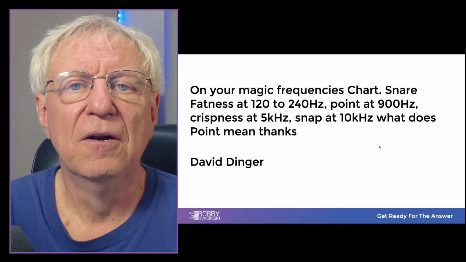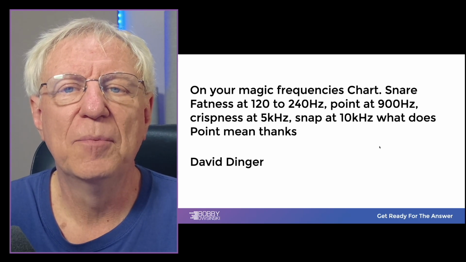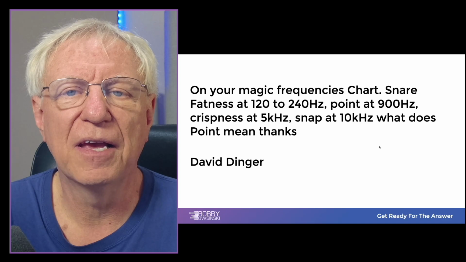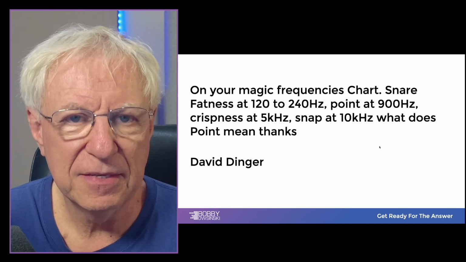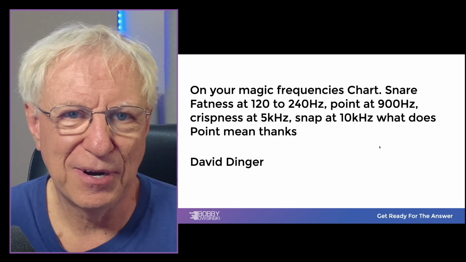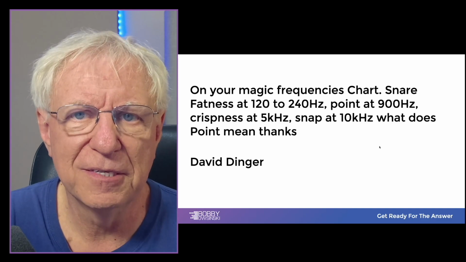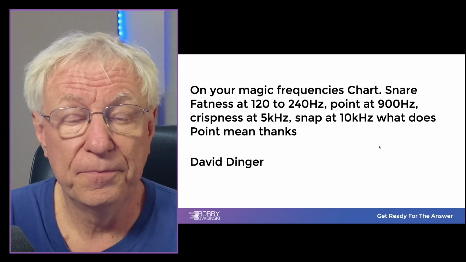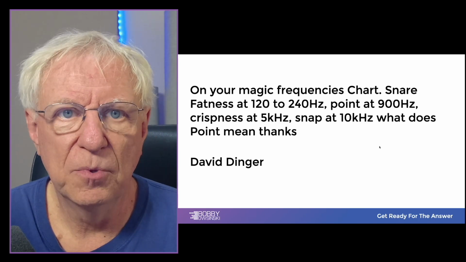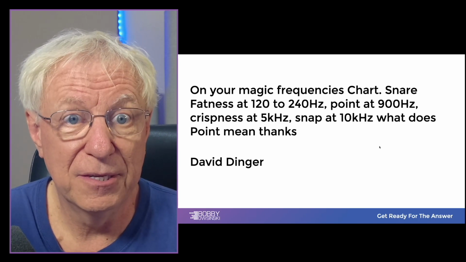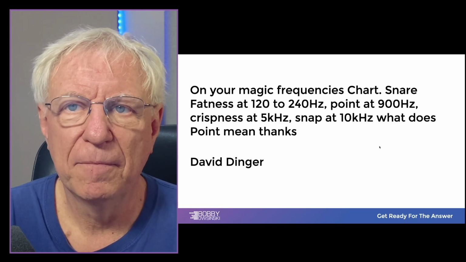From David, on your magic frequencies chart, snare fatness at 120 to 240, point at 900 hertz, Christmas at 5K, snap at 10K. What does point mean? Yeah, I should really describe that better. Essentially, what David's talking about is a frequency chart, and it's something you'll get in the EQ challenge as well. It will give you the magic frequencies for each major mix element. So what's point?